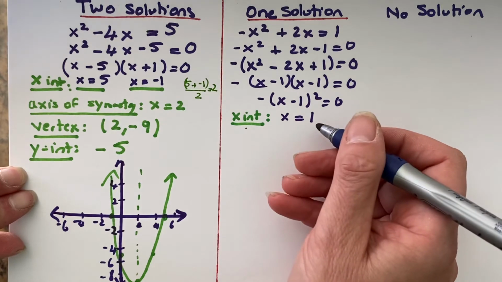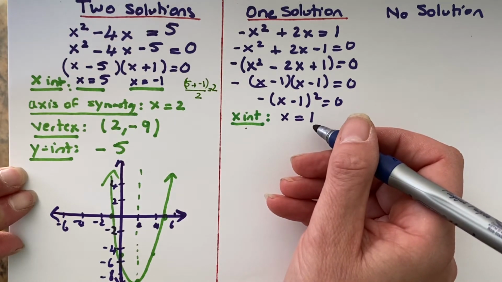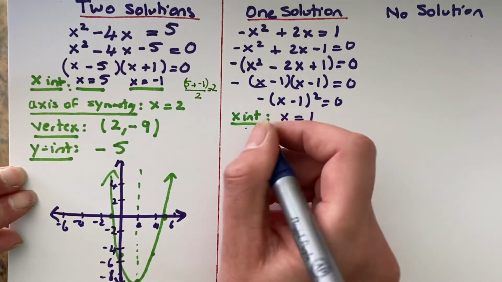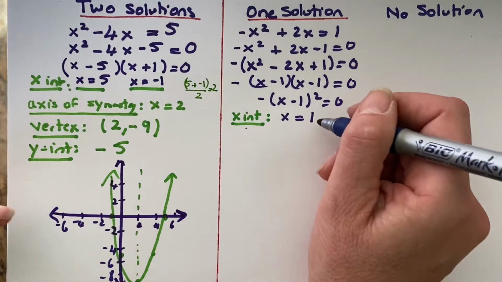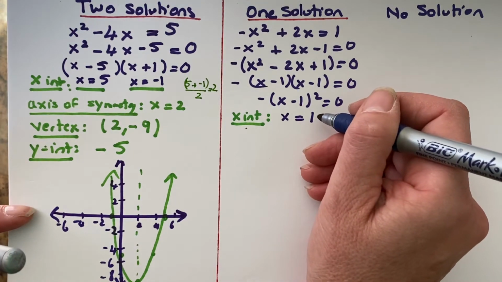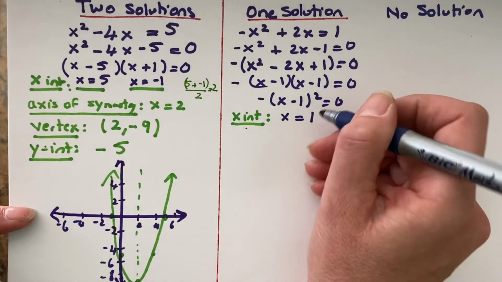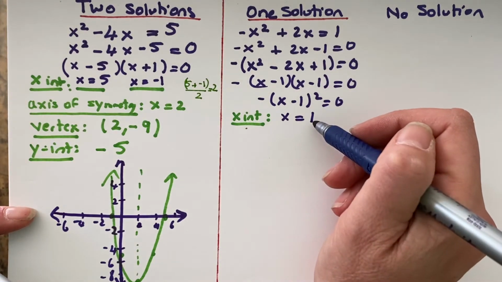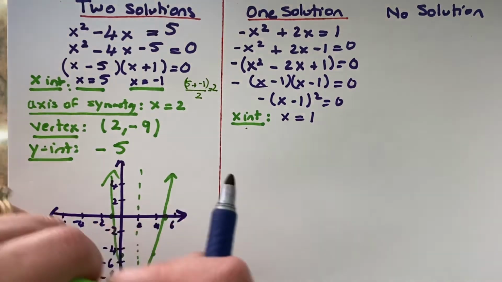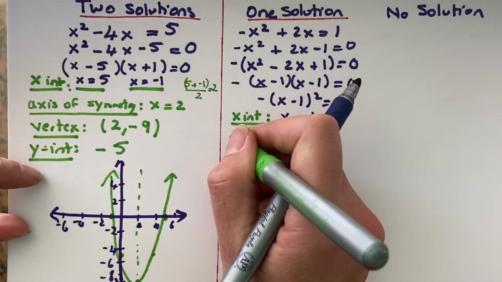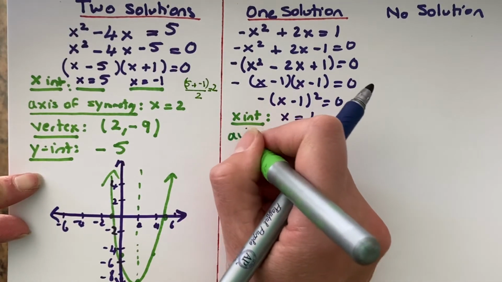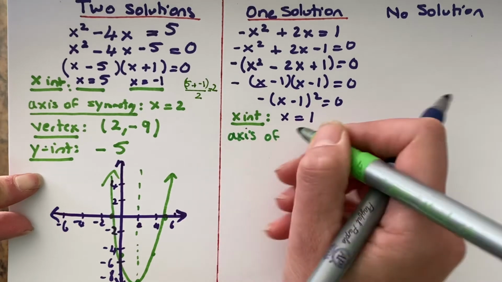Well, let me use that to find my axis of symmetry. Well, remember what we looked at before, my x-intercept, when it's one solution, if there's only one solution, means it's also my vertex. That means my axis of symmetry is also x equals 1.